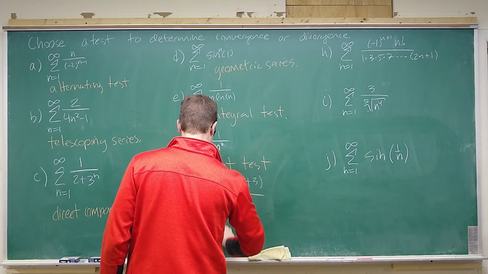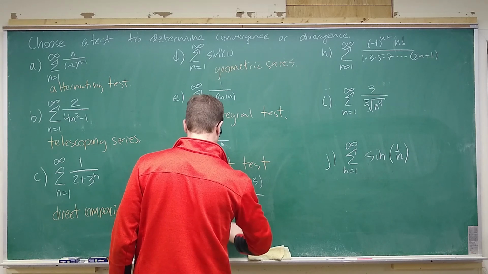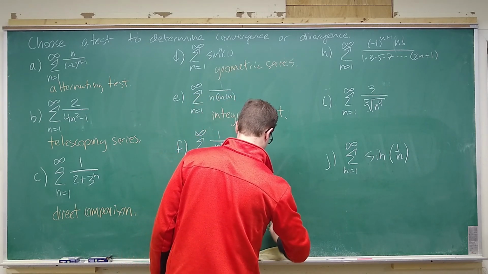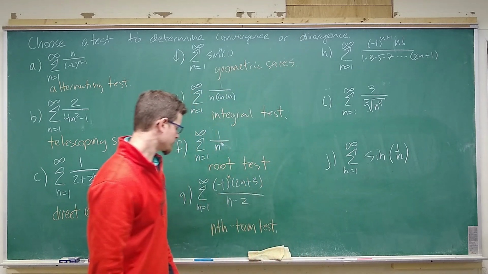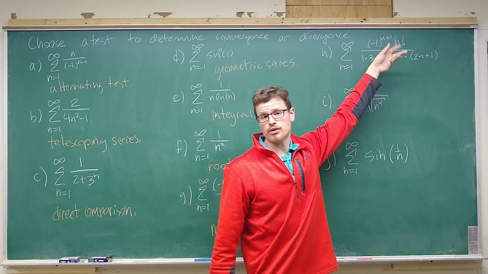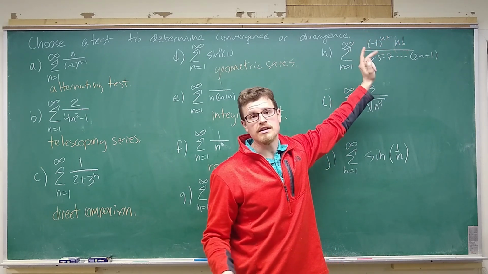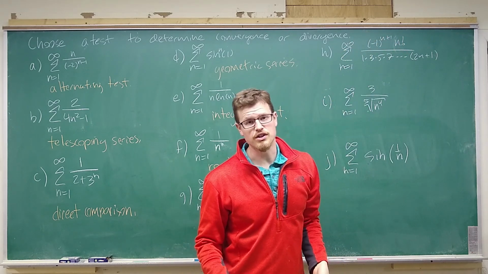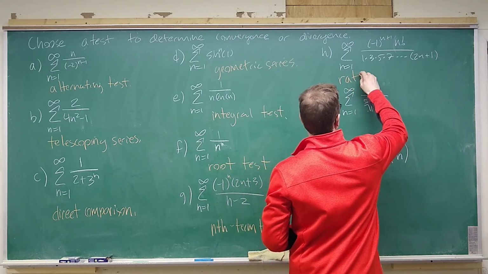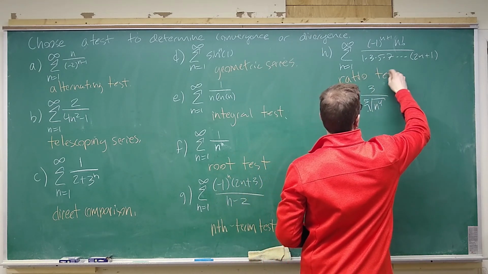So we can use the nth term test on this one. All right. Anytime we see factorials, we can almost immediately say to ourselves that we should use the ratio test. So I'm going to say that for this one.